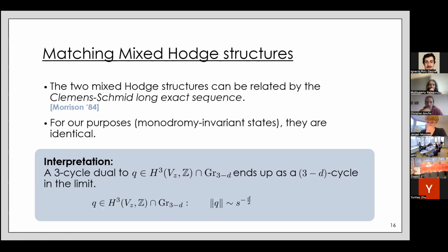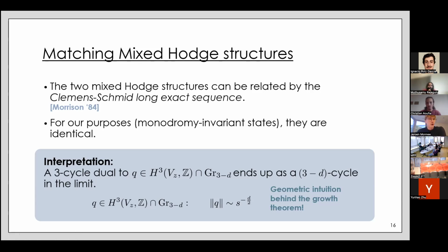And this matches very nicely with this result from the growth theorem, which tells you that this Hodge norm scales like s to the minus D over 2. So essentially what this growth theorem is telling you is that each leg of the cycle shrinks at the rate s to the minus 1/2. Okay? And you can think of this as being the geometric intuition behind the growth theorem, and I would say it generalizes in this way also to the multi-parameter case.